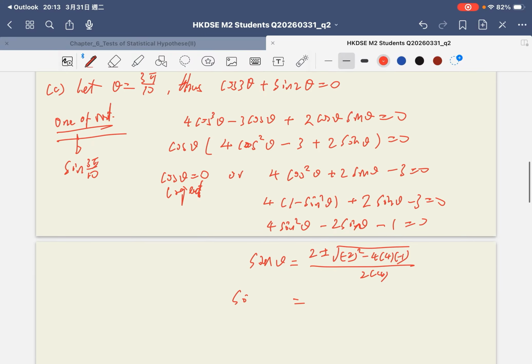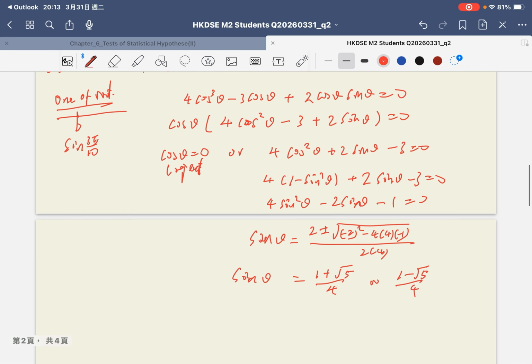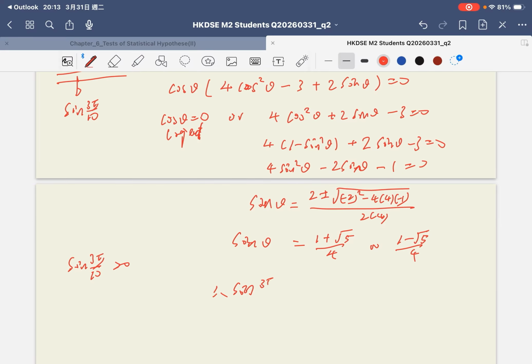Simplifying, we observe that it is (1 plus root 5) over 4, or (1 minus root 5) over 4. After we compare, only the first is positive. Therefore, we have only one choice: sine 3π over 10 equals (1 plus root 5) over 4.